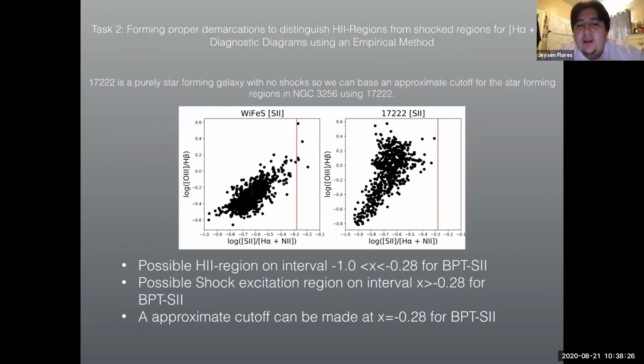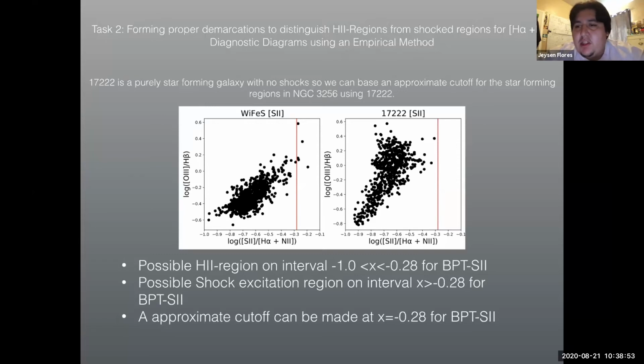So I made a cutoff for this sulfur 2 diagnostic diagram at x equals negative 0.28 to discern where the H2 region is located. As you can see in the 17222 plot, most of the H2 gas is to the left of x equals negative 0.28.